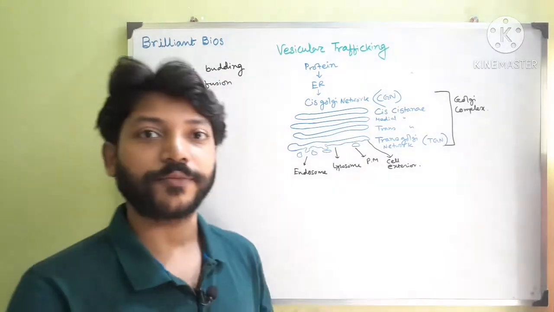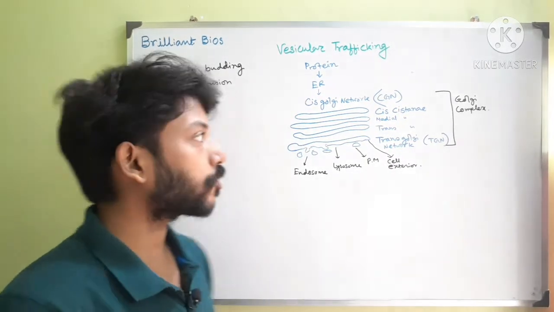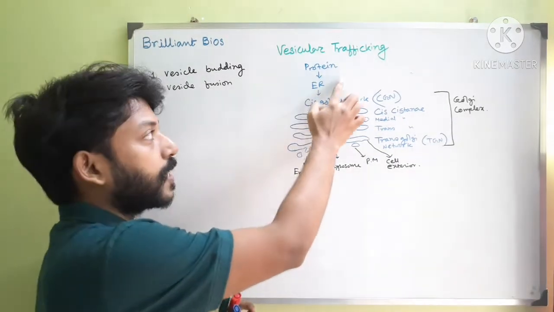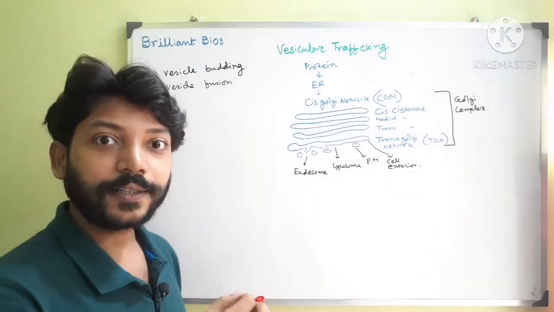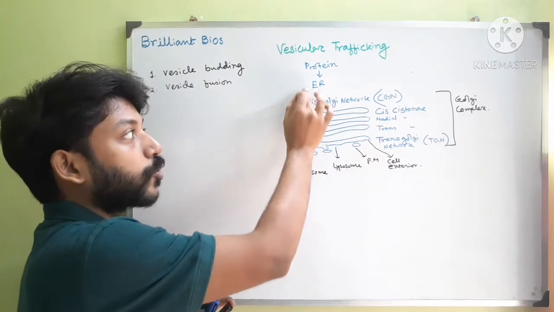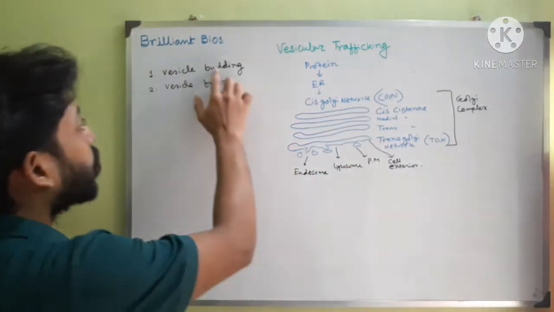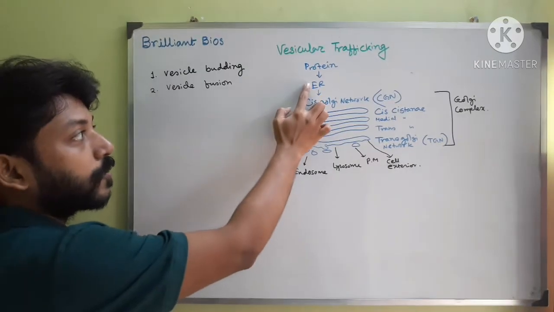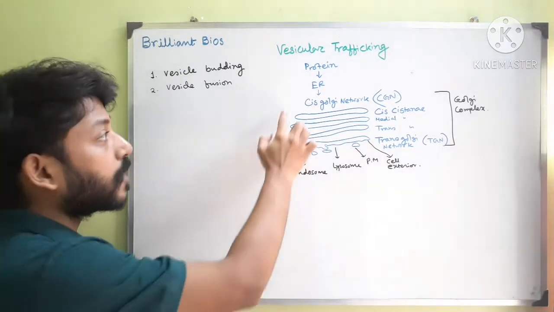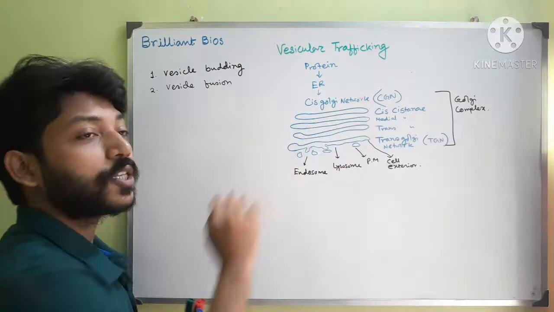One is budding, one is fusion. So when protein enters inside the ER, then from the ER the protein will enter the cis-Golgi network. Vesicle budding occurs from the ER, and then fusion occurs with the cis-Golgi network.